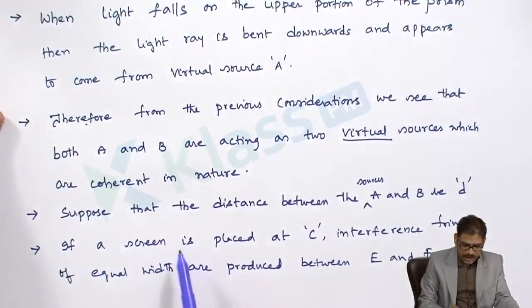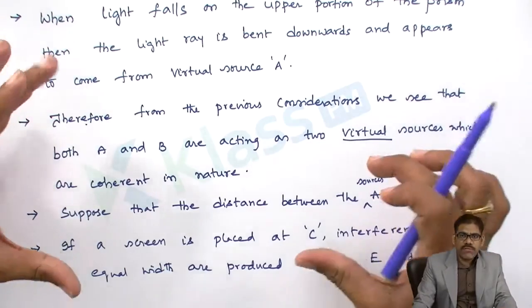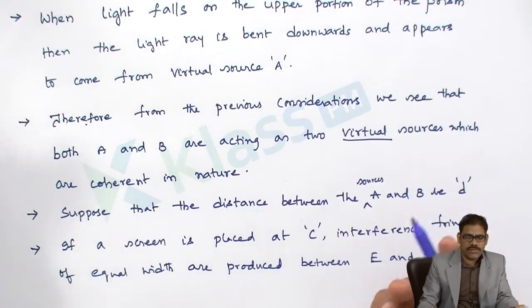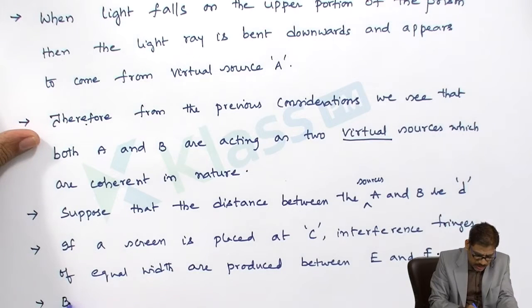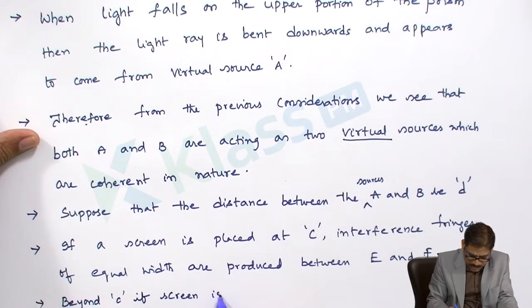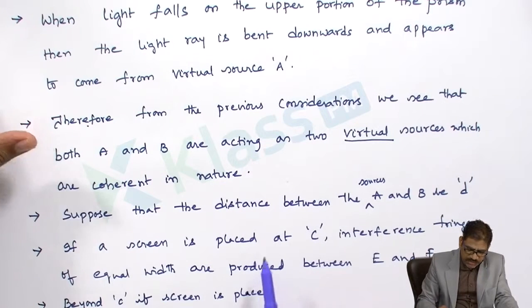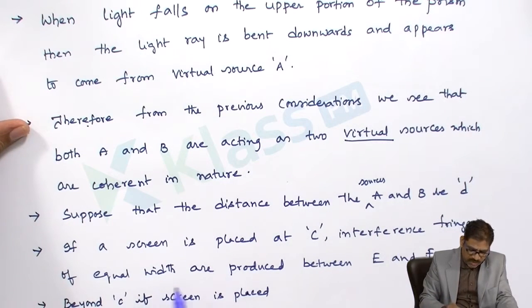If a screen is placed at C, interference fringes of equal width are produced between E and F. But if the screen is placed beyond C, then beyond E and F the fringes are formed.